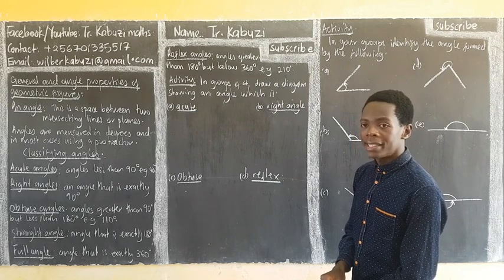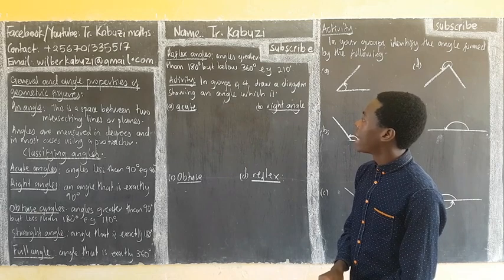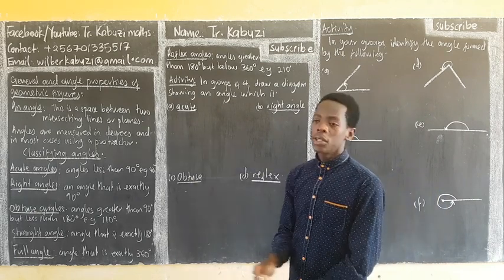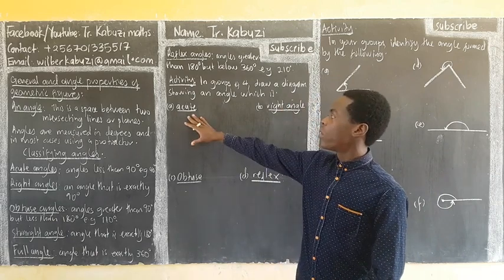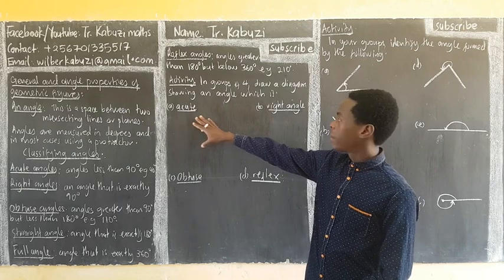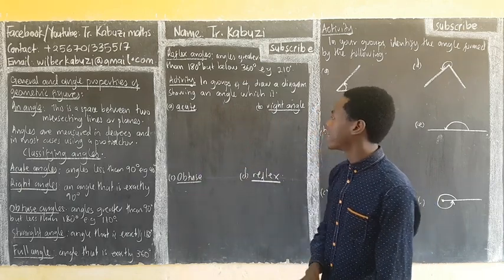Activity. Let us get into our groups. In groups of 4, draw a diagram showing an angle. You show me what an acute angle is with a diagram, a right angle, an obtuse angle, then a reflex angle.